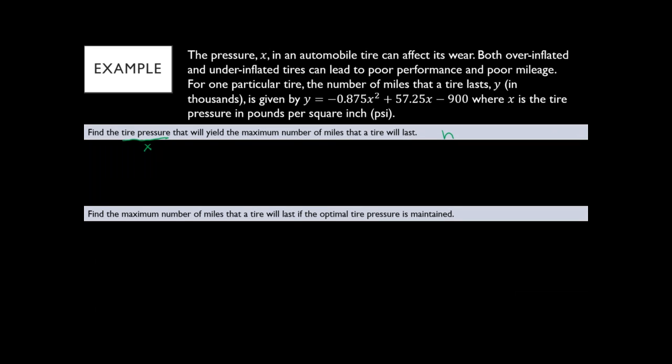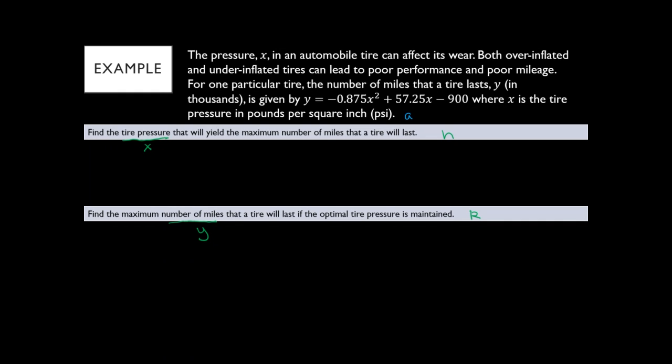Then it says find the maximum number of miles, and that is y, so k is the second part. It's good to write down what you're looking for and match it up with the variables they give, so you know which part of the question to do first. So here we can do this in order.